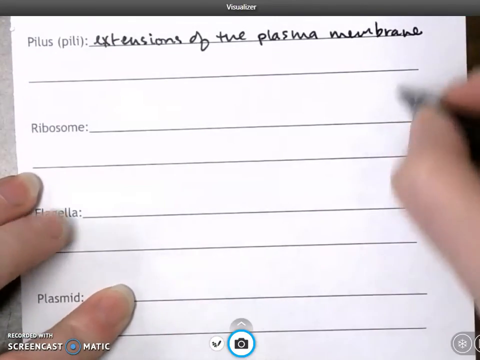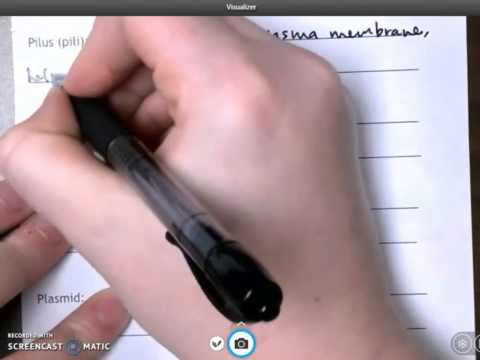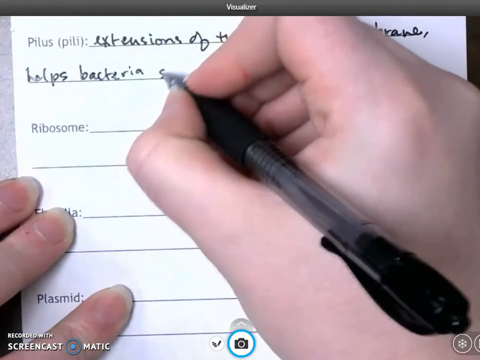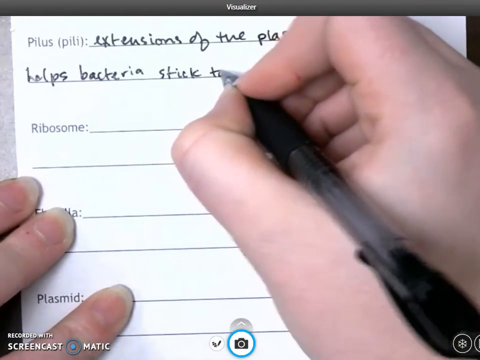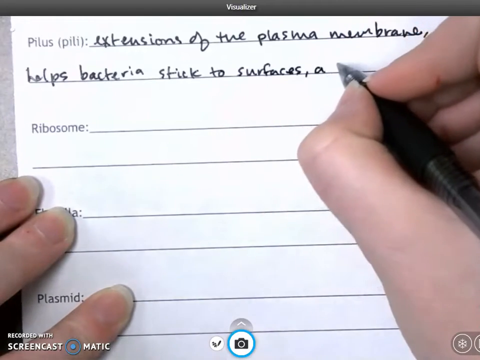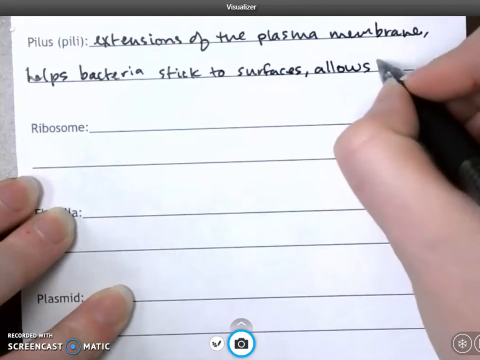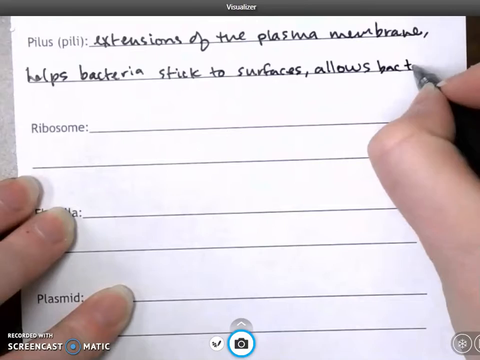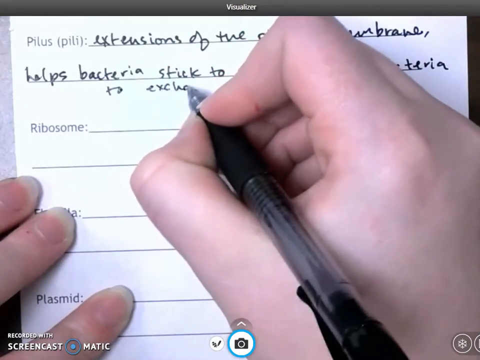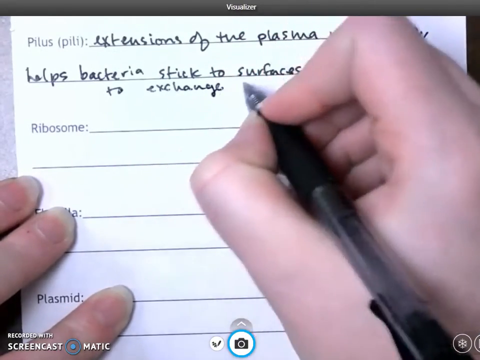Extension of the plasma membrane that helps bacteria stick to surfaces and allows bacteria to exchange DNA.